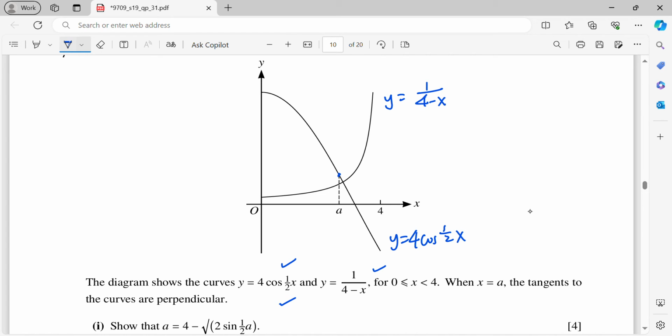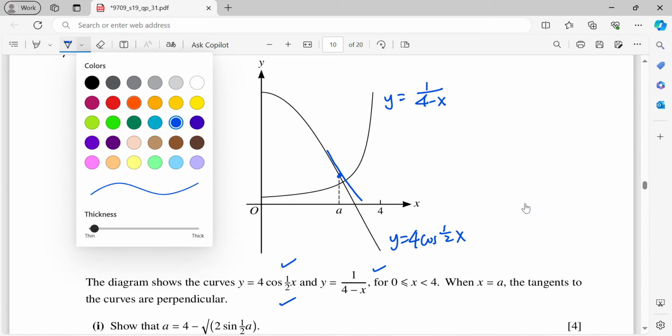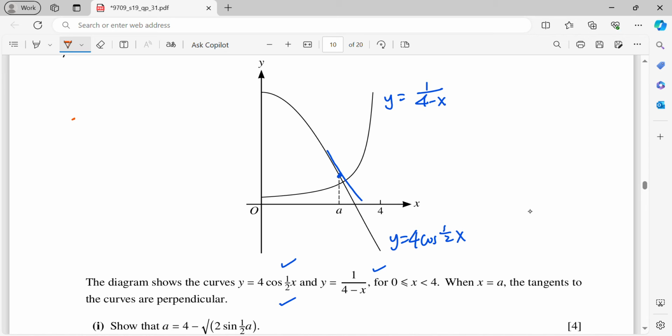Now the tangents, so it means that at this point, tangent always touches the point, just touches. So my graph is not very accurate. And then the other point here, the tangent at a, x equals to a, so they are 90 degrees because of perpendicular.